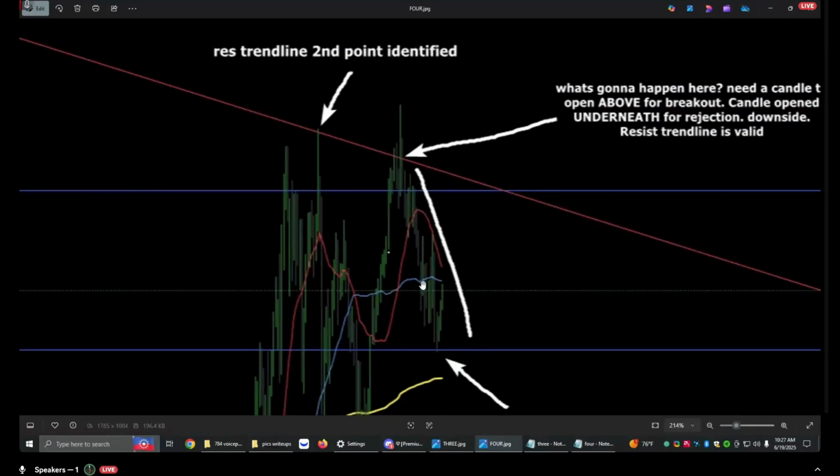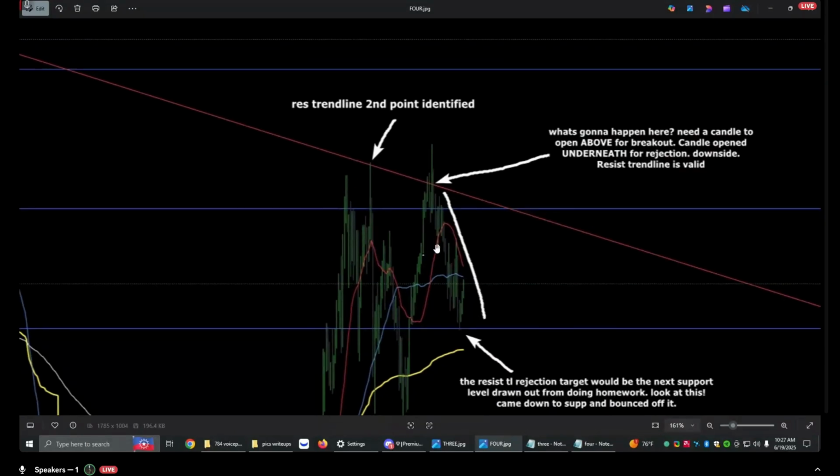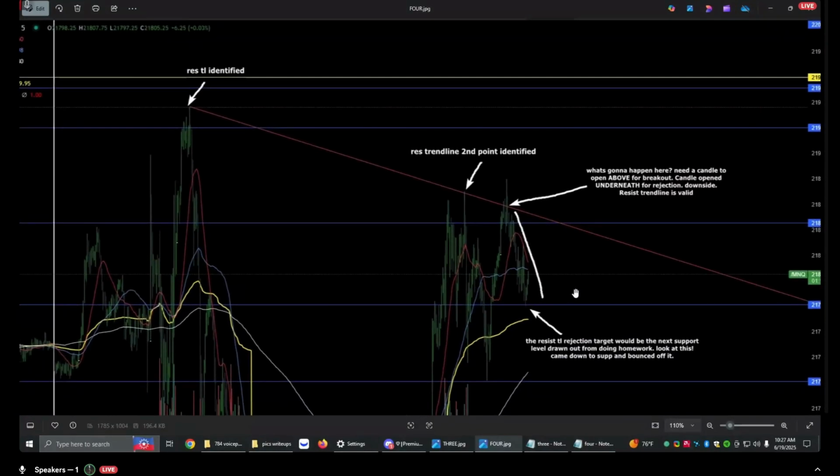It looks like it broke through, played around, touched the 20 MA again, and came down. So you have choices to make. You just hold through it and set your target down here, or you can trim on the way down, set your safety stop at break even, and then let it ride. So you have choices to make here.